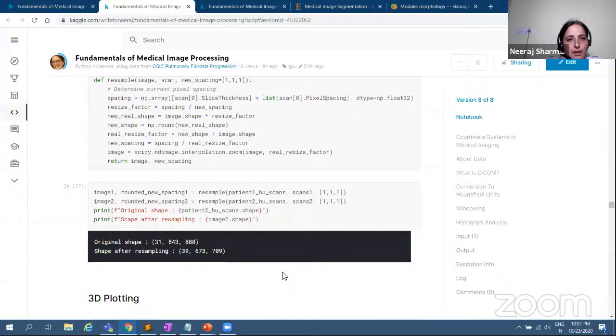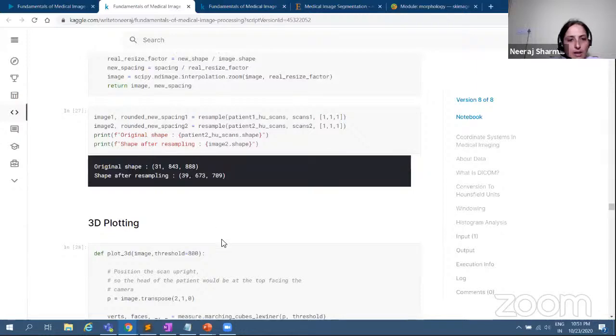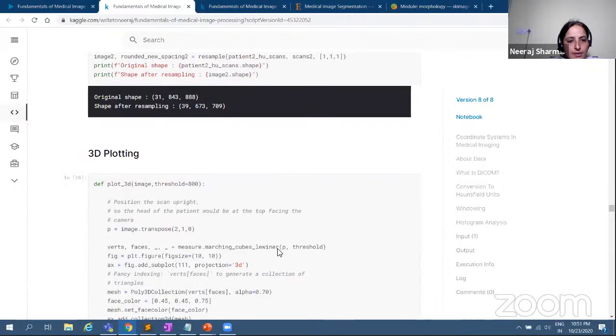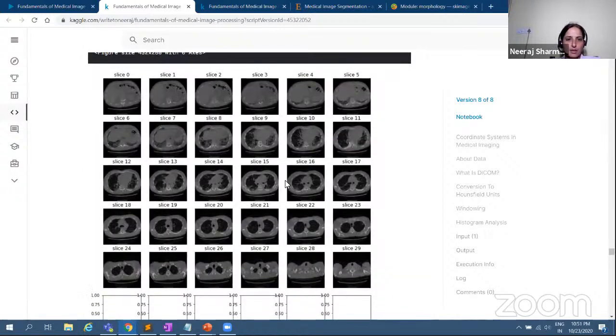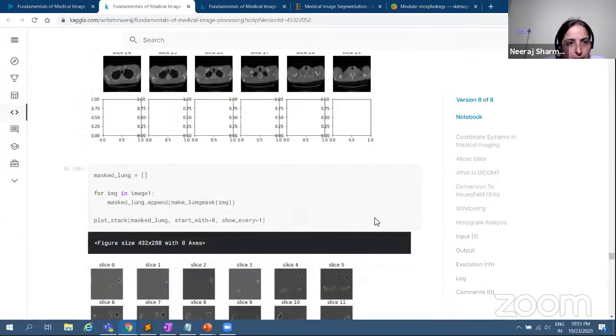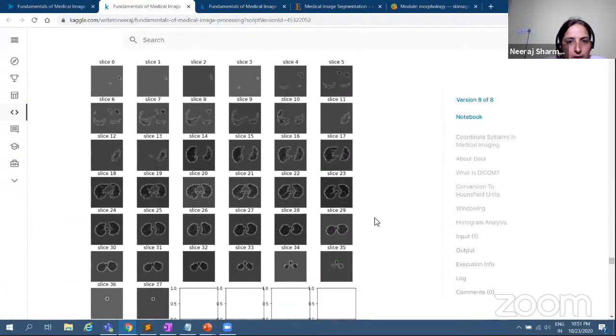Okay. So here we see the number of slices was 31 originally, and then it becomes 39 after the resampling. Here we see that in some places the segmentation is not working properly. First, for these images, when we applied the segmentation, we get only the lung portion, which is great, and this is the required thing.